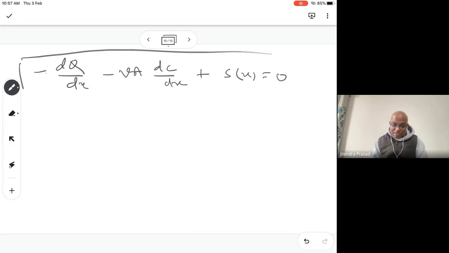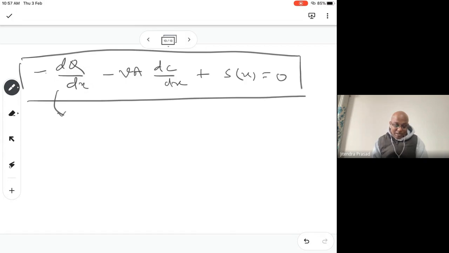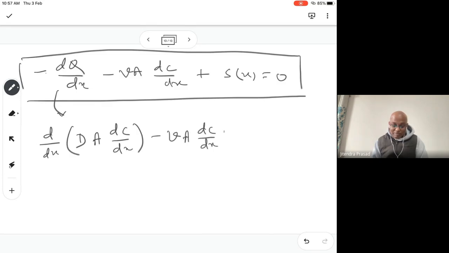So this is the equation with advection. Next, if you put Q, that automatically makes it d over dx of D times A dC over dx, minus VA dC over dx, plus S dx equal to 0.